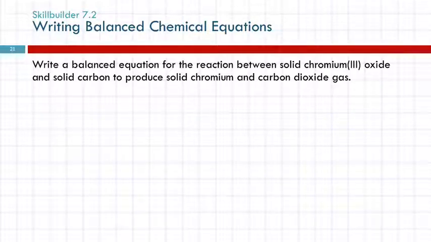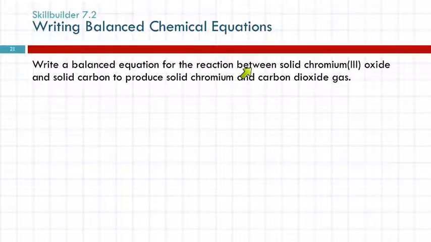So we've got a sentence and we need to turn this into a chemical equation. First thing is getting correct formulas. This is a sentence representation of a chemical equation.